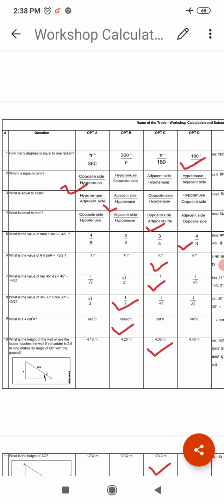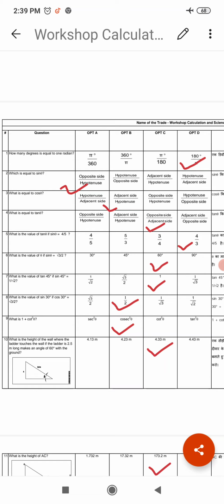What is the value of tan theta if sin theta is 4 upon 5? Its answer is 4 upon 3. D. What is the value of theta if sin theta is root 3 by 2? Its answer is 60 degree.